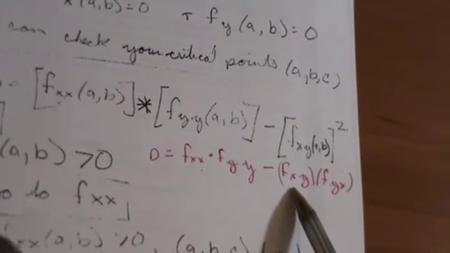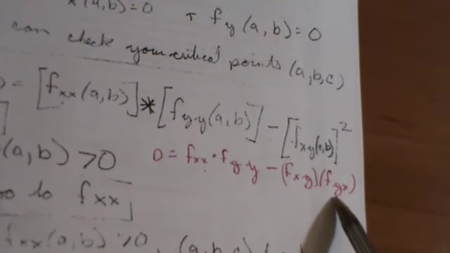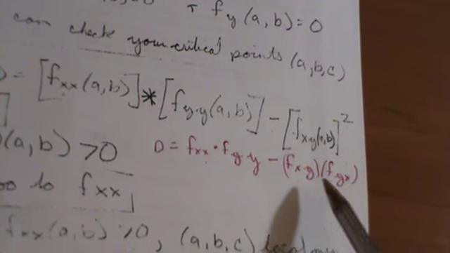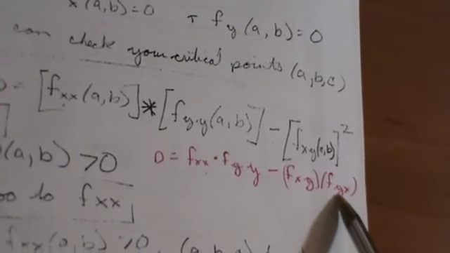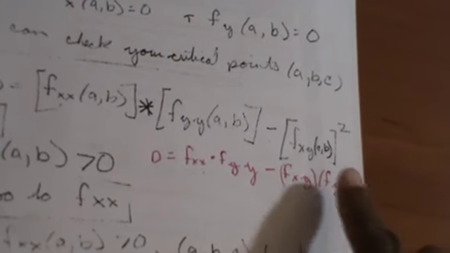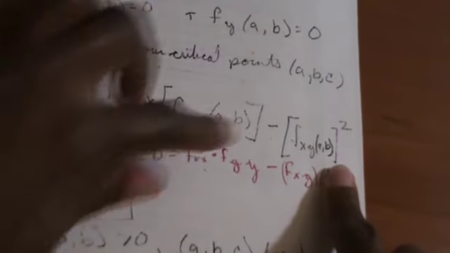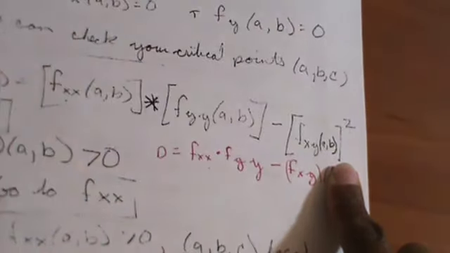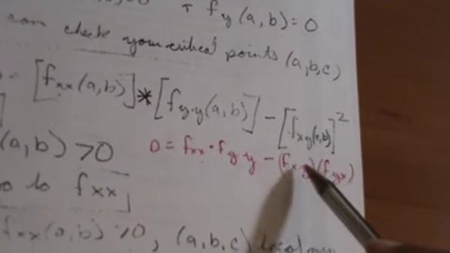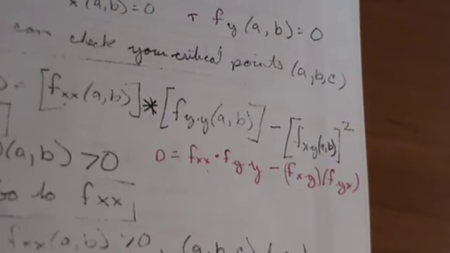This one is with respect to x, then y, and this is with respect to y and then x. But as we've shown you with the second derivatives f sub xy and f sub yx, these two are equivalent to each other, so it's kind of redundant. That's why instead of writing that, I write f sub xy, the quantity squared. So you can see it in either form, where all of the second derivatives are laid out, or you can just square one or the other of those.